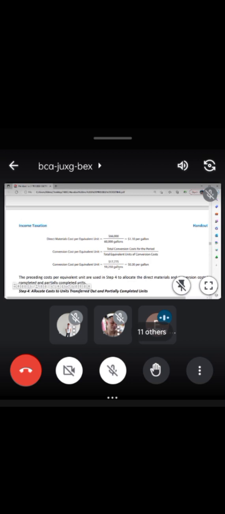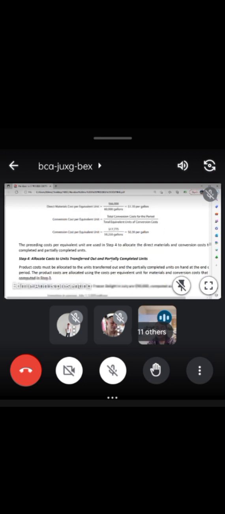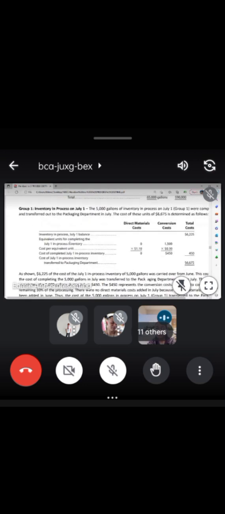Guys ha, kaning atong gi-compute karon is beginning inventory pa lang, group 1 pa lang ta, okay? Group 1. So, naa tay 0.30 kada unit.